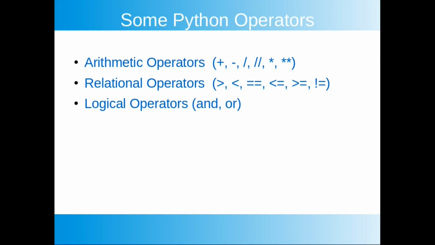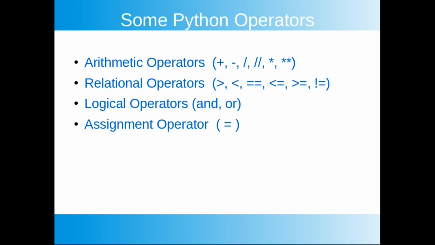Python also has logical operators such as AND, OR, which are used to connect two or more expressions, which return true or false based on the expression and the operator used. It also uses the assignment operator, which is used to assign values to a variable.